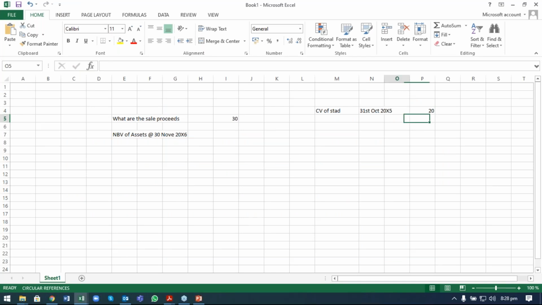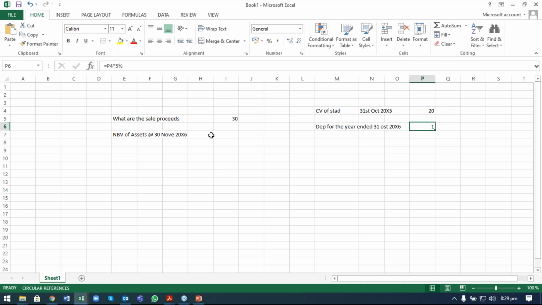So what would be the depreciation that should be charged for the year ended 31st October 20x6? This depreciation should be this 2 million multiplied by 5%, right?